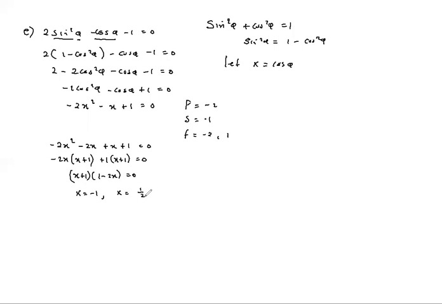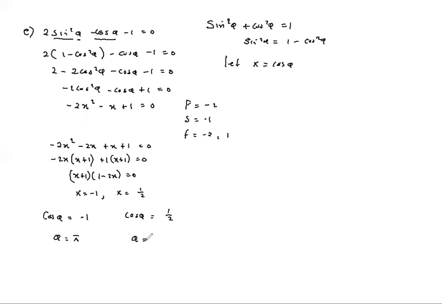So we go back and say, what was our x? Our x was cos theta. Okay, so what is theta for negative 1? Remember the interval from 0 to 360. Theta here is only one value, pi. What about half?